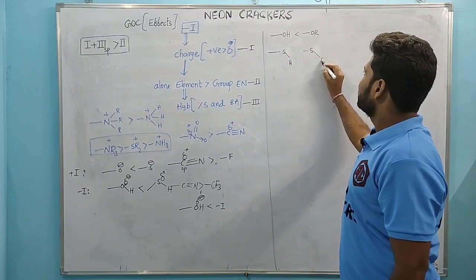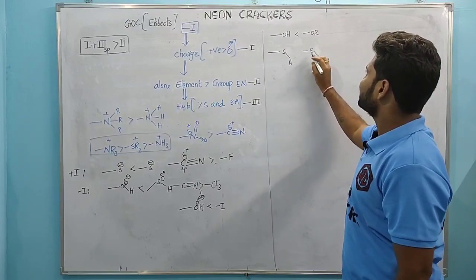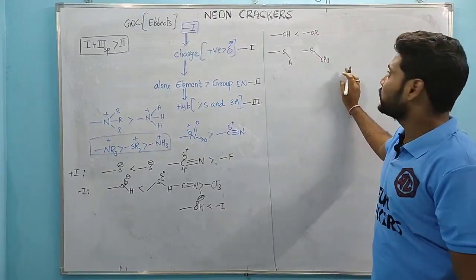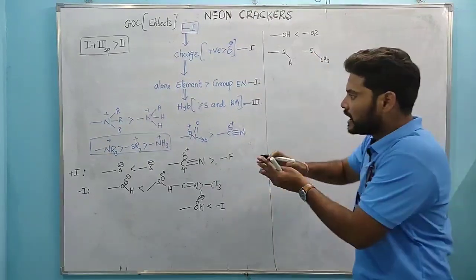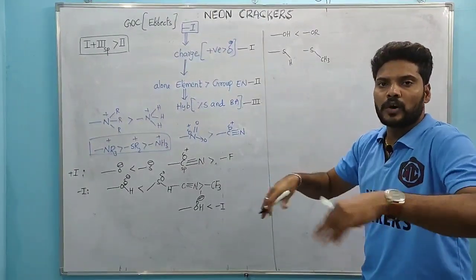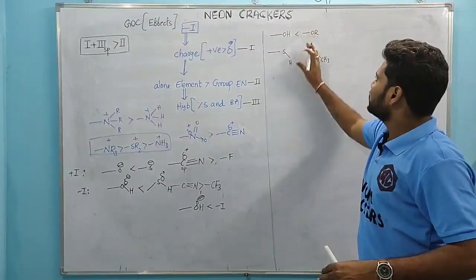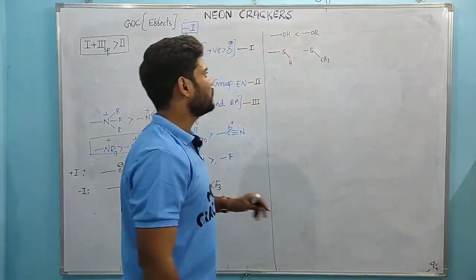Next is CH3. Of course, here you may think about steric effects, but there is none, because it is not a second period element. It is third period, which means the size is already increased. If size is increased, there is proper accommodation, so space is increased. There is no NVPR rule here. NVPR rule is not working.